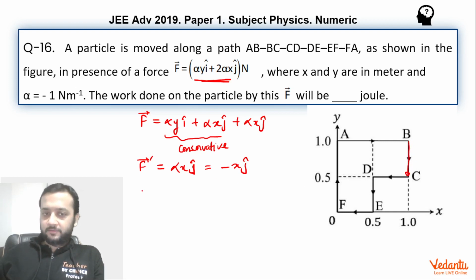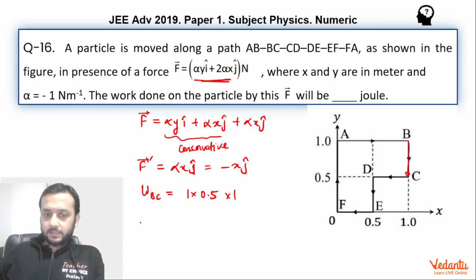So we can say that work done over the path BC will be simply the force's magnitude, which is 1, times the displacement's magnitude, which is 0.5, and both force and displacement are pointing in the downward direction, so that will be cos 0, which will give us this. On this path, again force will not do any work because force is perpendicular to displacement.